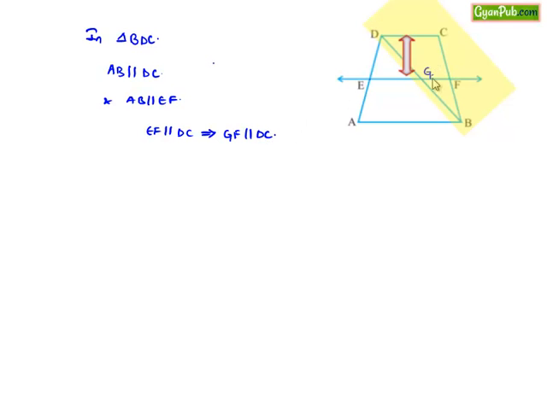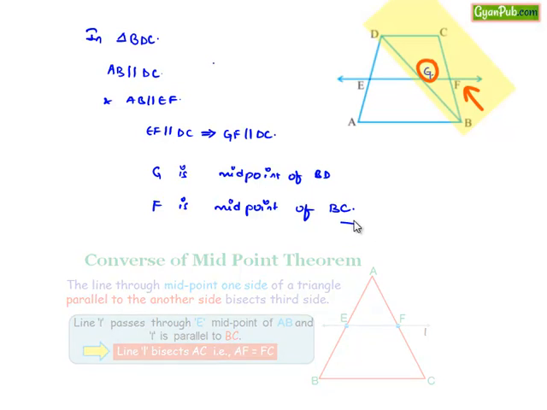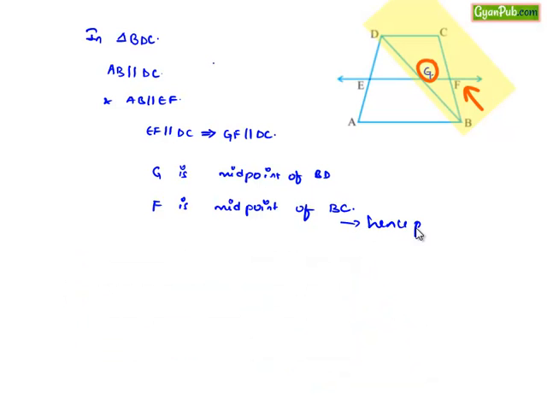Now in triangle BDC, we got that G is midpoint of BD and GF is parallel to DC. Now by converse of midpoint theorem we can say that F is midpoint of BC. This is what our required proof.